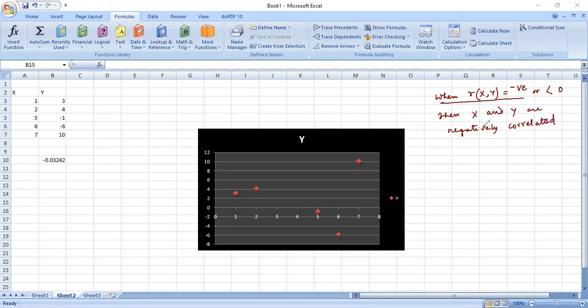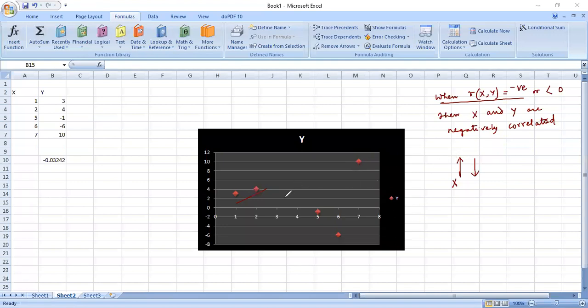That means if one variable is increasing, another variable is decreasing. Wherever the amount of decrease, if you quantify it, is very poor, very low. In some cases, it has increased. In this particular case, it has increased, but here, in these two cases, it has decreased and suddenly it jumps.